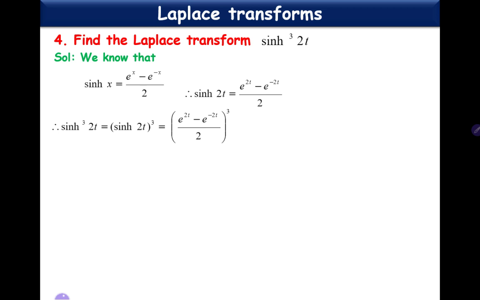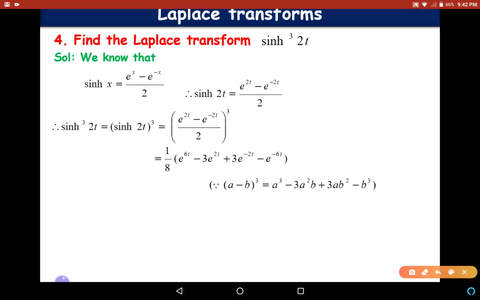By using the expansion of (a − b) whole cube here, what is (a − b) whole cube? It is a³ − 3a²b + 3ab² − b³. In place of a, we have e^2t here, and b is e^−2t.